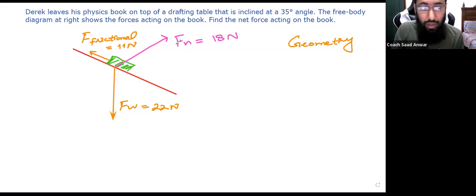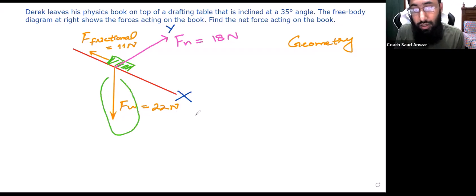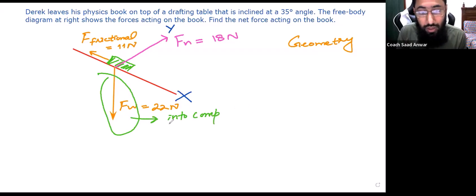So guys, if I say this is the x-axis, this is the y-axis. The plane is the x-axis, this is the y-axis. So what I am going to do is resolve this force, the force due to weight, into its components.